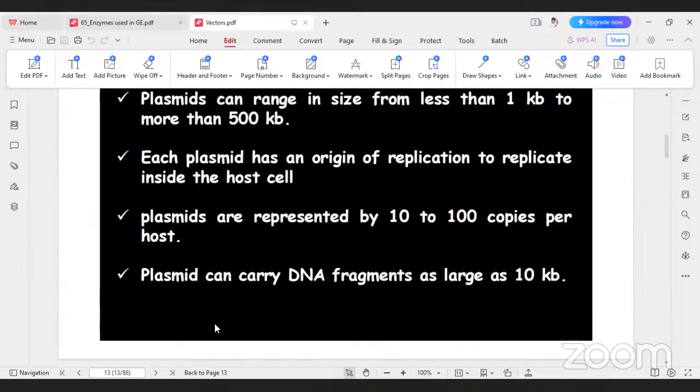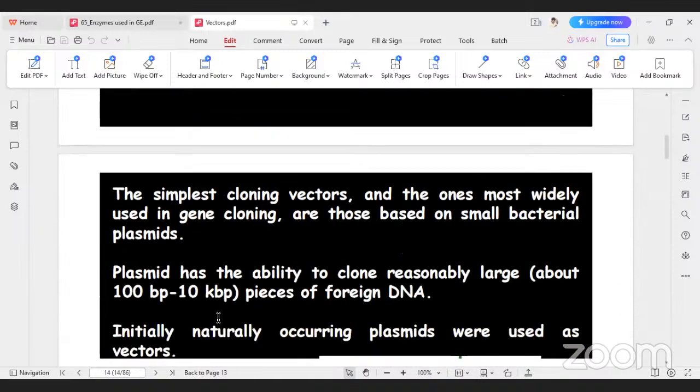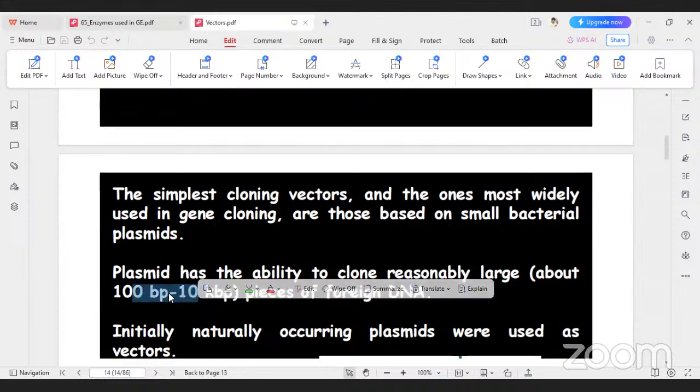Plasmids can carry DNA fragments, as I already told you last time. The simplest cloning vectors and the most widely used for gene cloning are those based on small bacterial plasmids. The plasmid has the ability to clone reasonably large pieces, from 100 base pairs to 10 kbp.